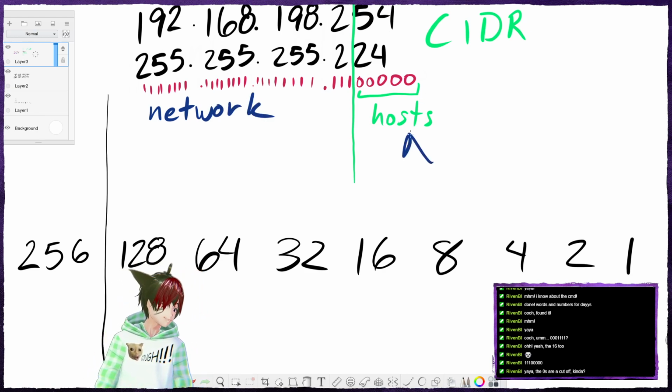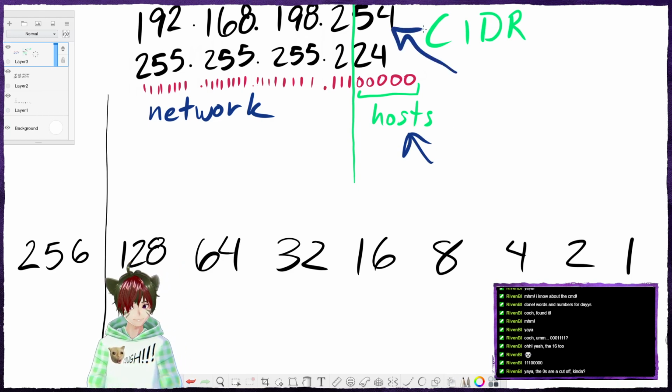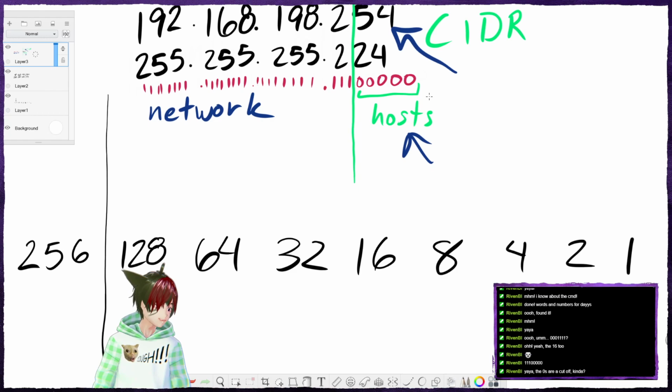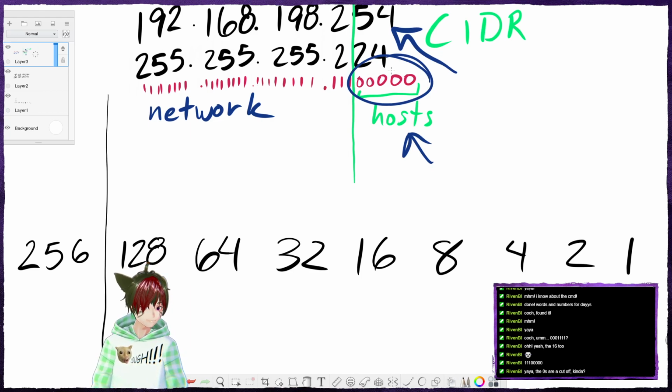So hosts is us. So that's how many IP addresses are available to us on this particular network. You following? Yeah.